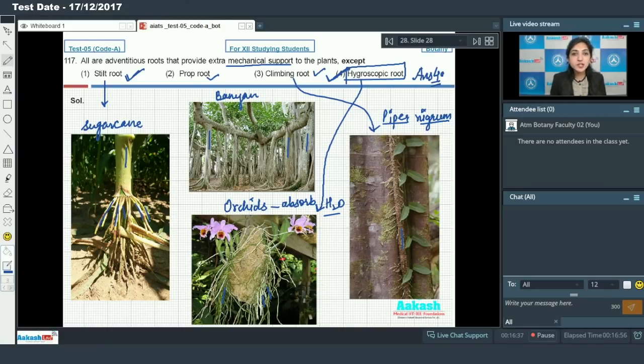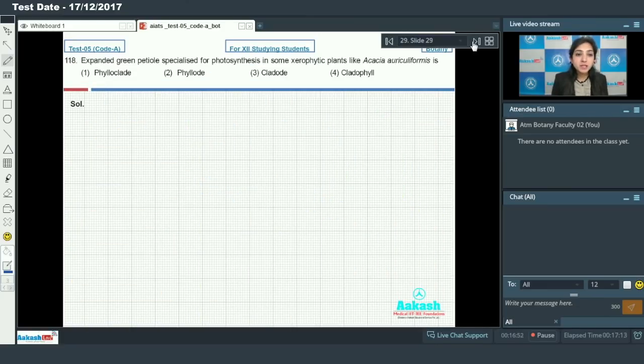Moving on to the next question, question number 118. Expanded green petioles specialized for photosynthesis in some xerophytic plants like Acacia auriculiformis is. Before moving on to the options of this question, let's have a brief recap about phylloclade and phyllodes.